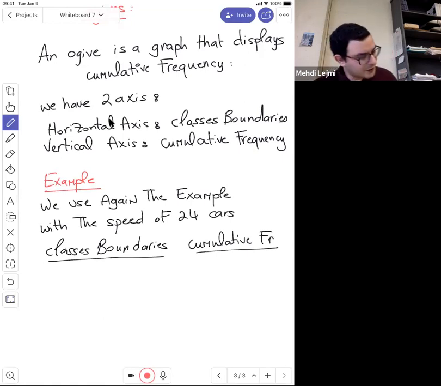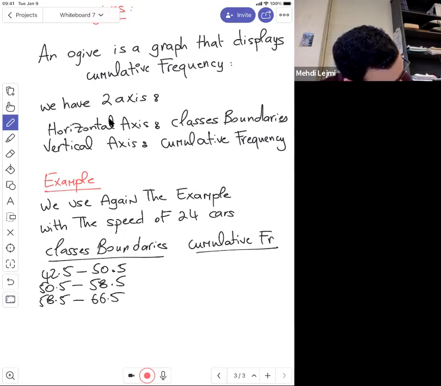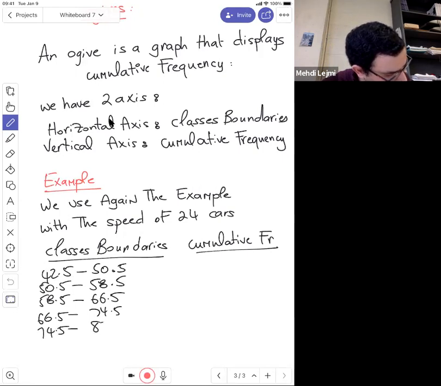Let me see the numbers here. We have 42.5 to 50.5, then 58.5 to 66.5, then 74.5, and the classes continue: 74.5 to 82.5, and then 82.5 to 90.5.